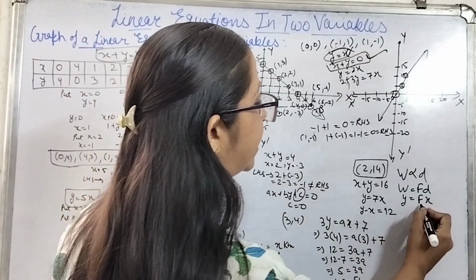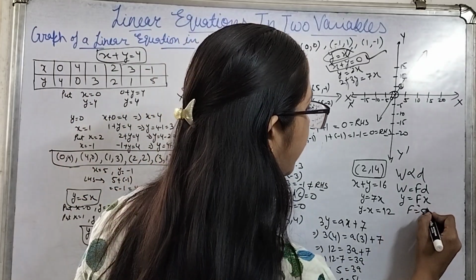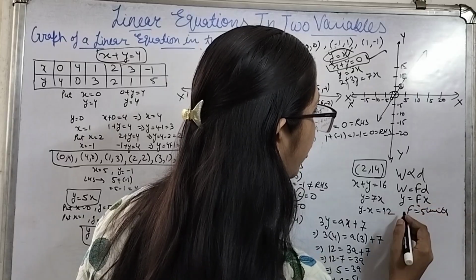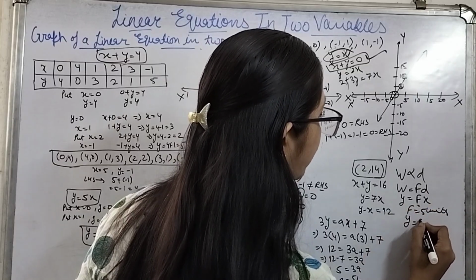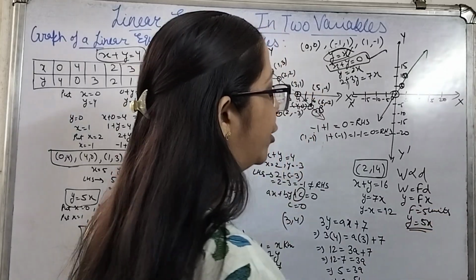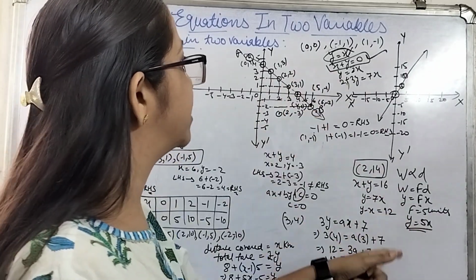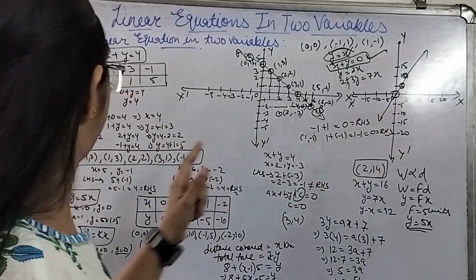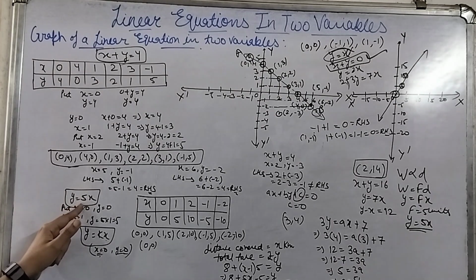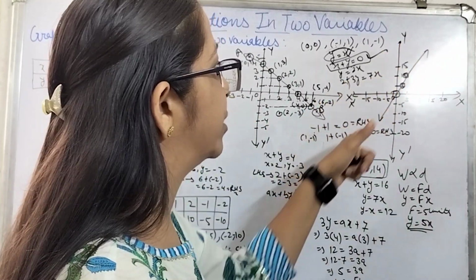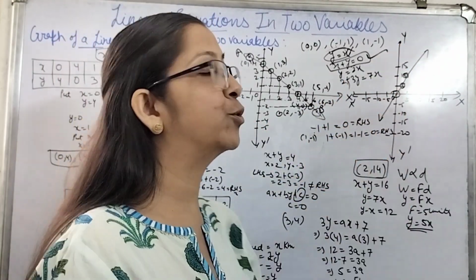If force is 5 units, your equation will become y is equivalent to 5x. Now you can find the solutions graphically and then represent it. We have just solved this, y is equivalent to 5x, this equation we have solved just now. So this is how the graph will be, which is going to pass through the origin.